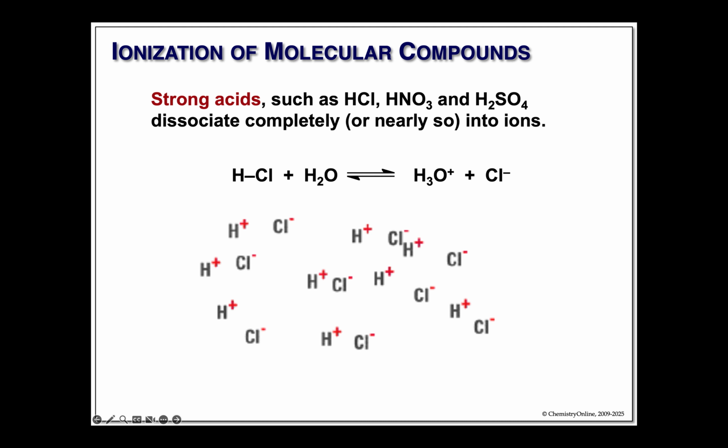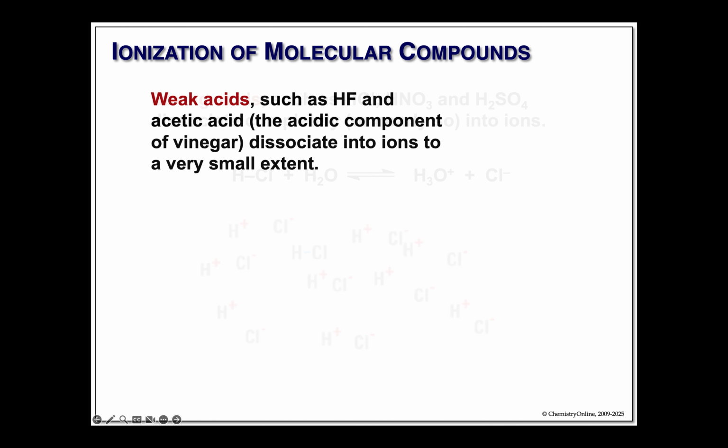Equilibrium is very, very, very far this way. Now, in reality, this reaction still goes both directions. So, for every billion of these guys that you have, you must have at least one of those. But still, it's basically 100% ionization.